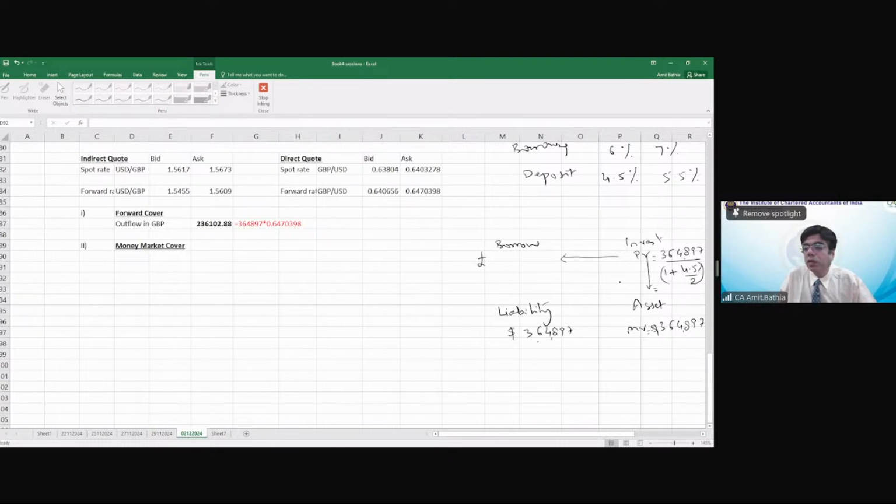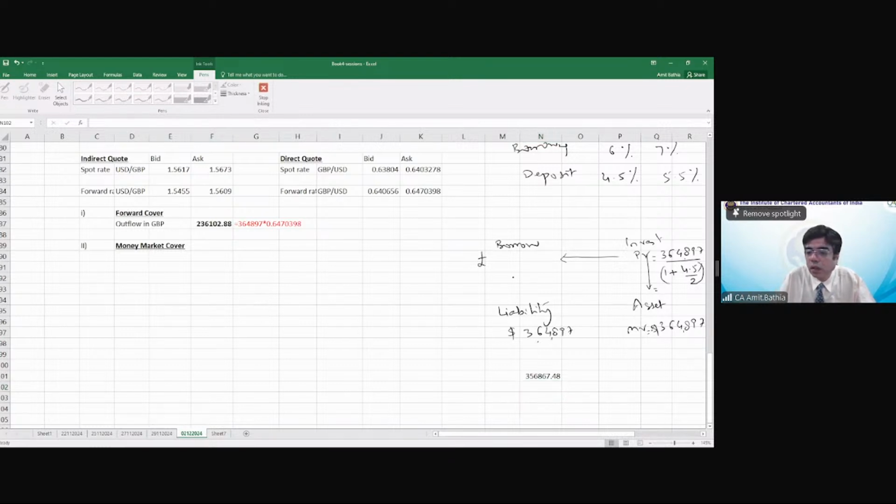So how much is that coming to? You take the spot ask rate. It is 364,897 divided by 1 plus 4.5% divided by 2. So how much is that coming to? 356,867, right?